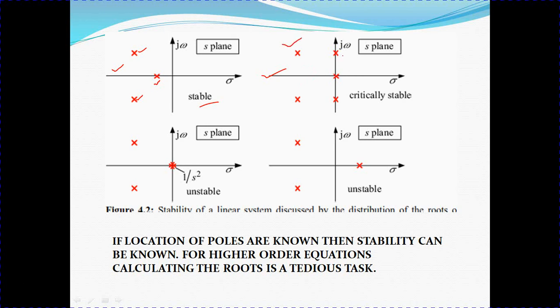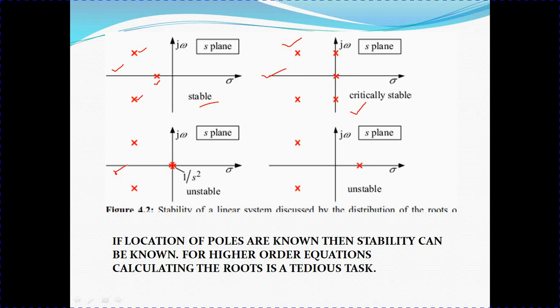And here you can see one pole is located at the origin and another 2 poles are located on the imaginary axis. That means the real part will be 0 for these 2 complex poles. So this particular system is going to be critically stable because 2 poles are located on the imaginary axis.